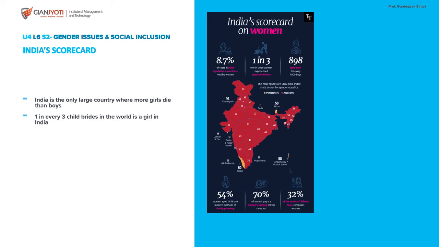If you look at the seats which the Indian women are holding in the state legislative assemblies, it is only 8.7%. 1 in 3 women in India have experienced some violence at home, and for every 1,000 boys, there are 898 girls born in India.